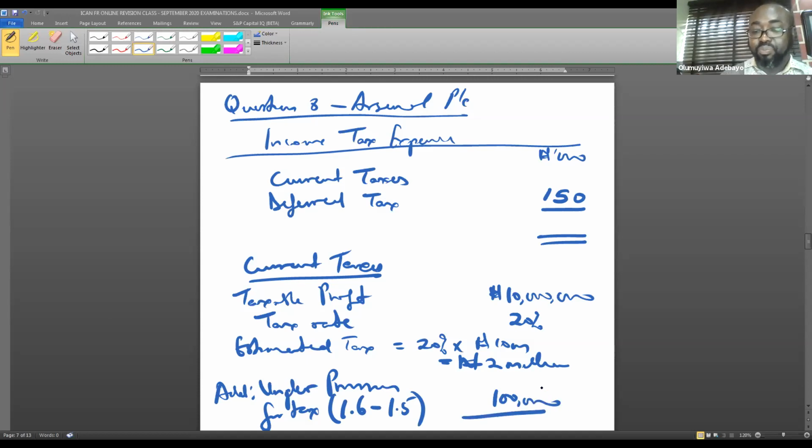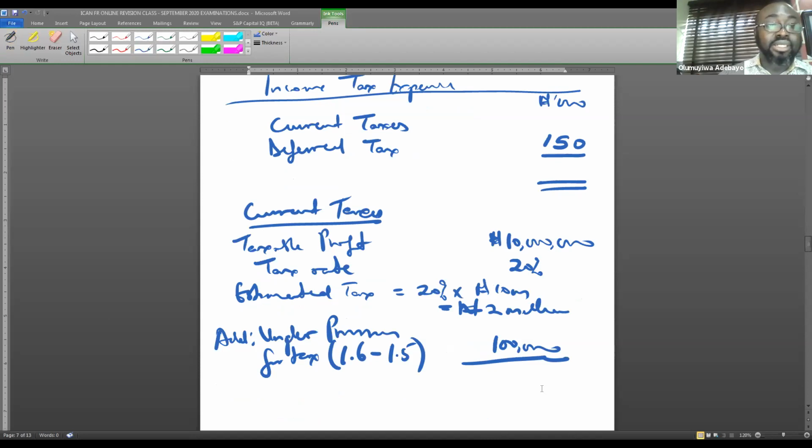Invariably, after adjustment, what you have is 2.1 million: 2 million for the current year and 100,000 arising from prior year. Therefore, that brings us to 2,100.